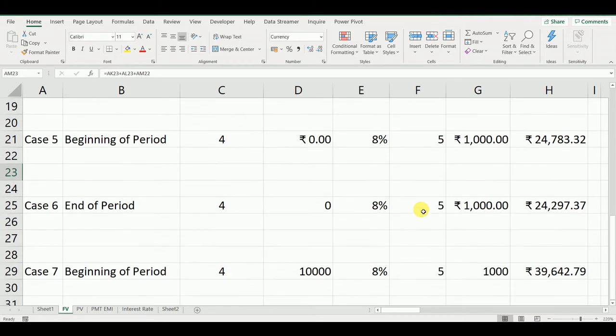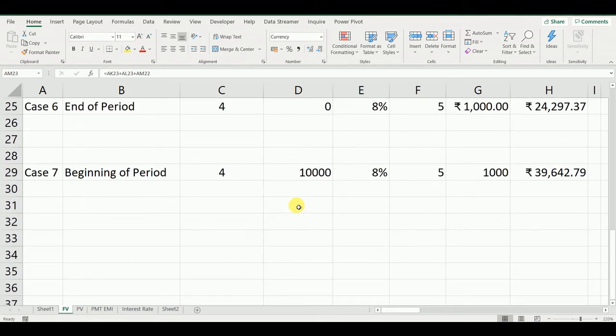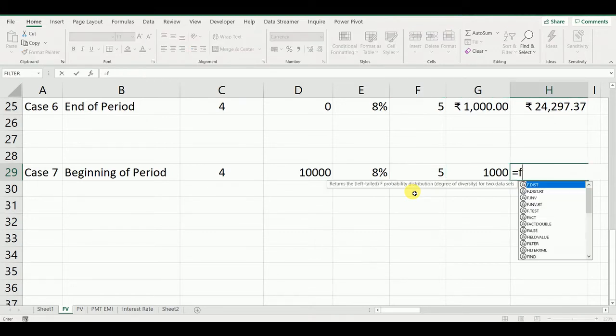Now we will move to the next case in which we are investing a down payment also, and monthly or quarterly, whatever is there. So in this case we are investing 10,000 rupees today at the rate of 8% for 5 years with quarterly compounding, and we are investing 1000 per quarter, so we will find the future value.